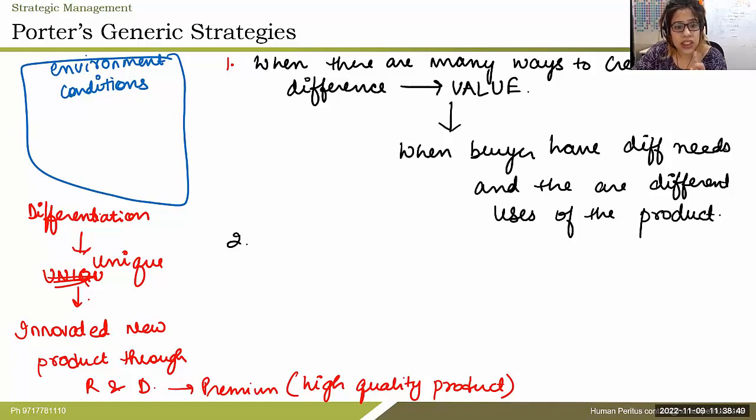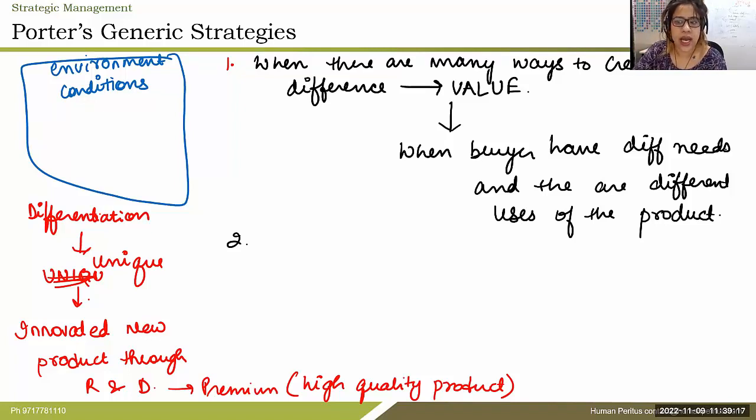The needs are three different needs, but with one product I am catering to all three. Suppose my rival is only giving a face wash that can be used for the face only, maybe not on the body, maybe not for the hand. But I have decided my product is going to be differentiated and will cater to all three needs of the customer from one product. That's how we have a difference.